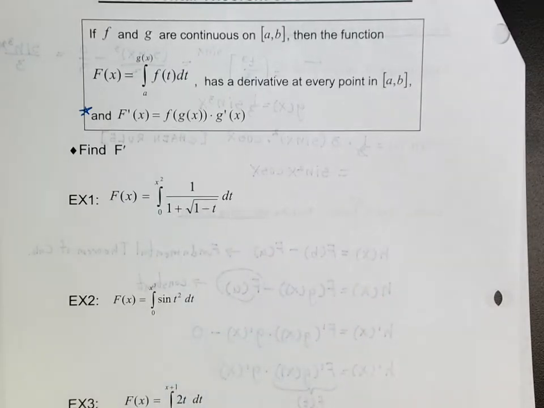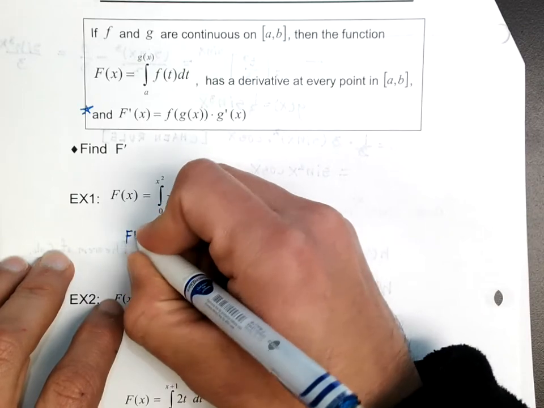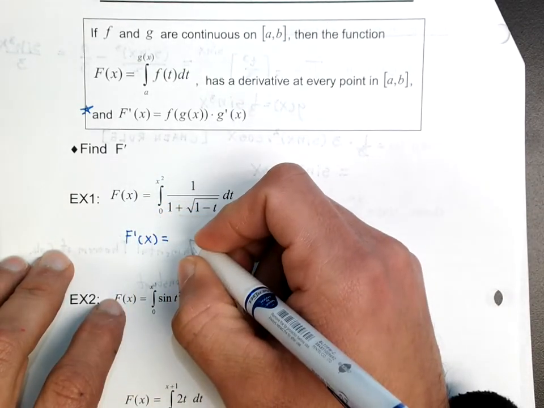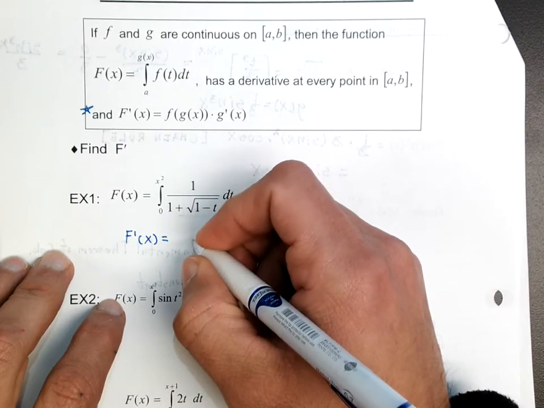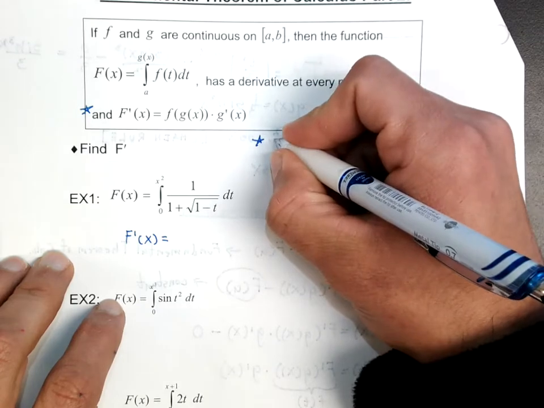All right. So all we're going to do is plug in. Let's see, f prime of x is going to be equal to... Let me write that for you because that's kind of important.